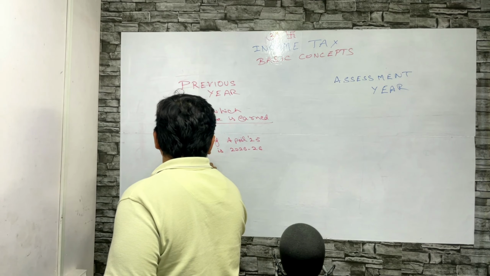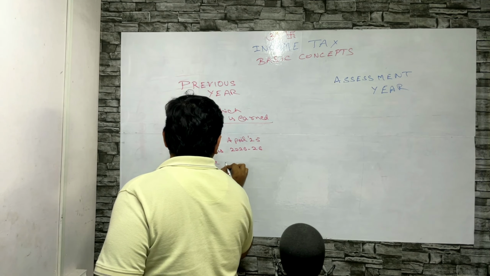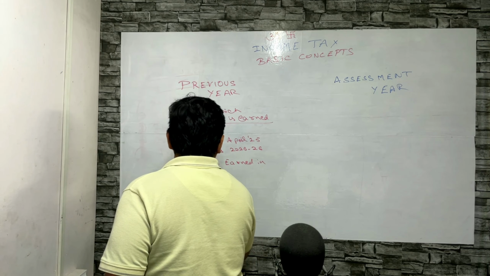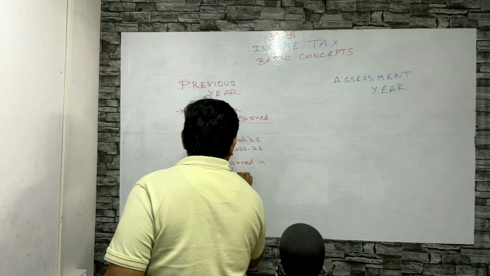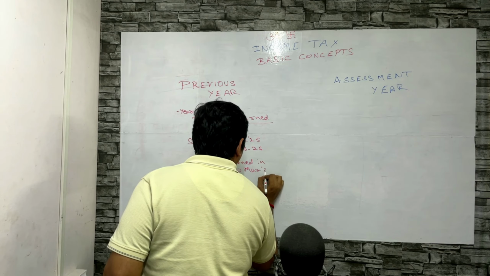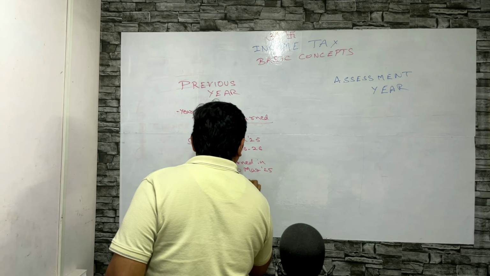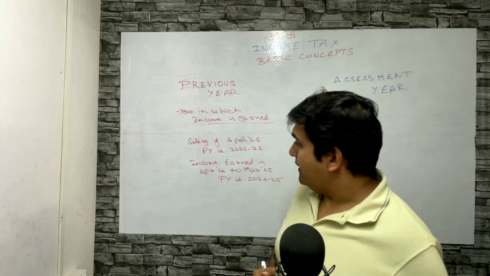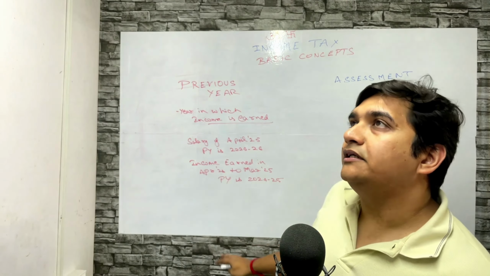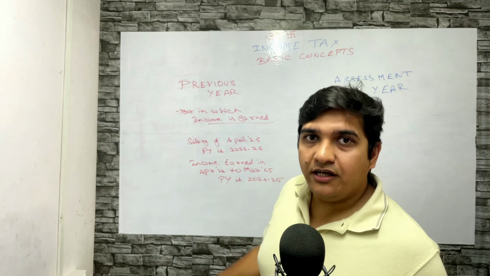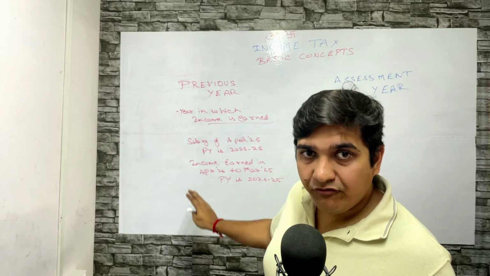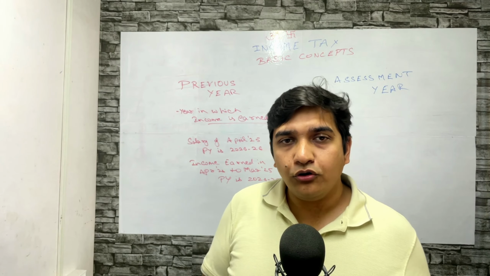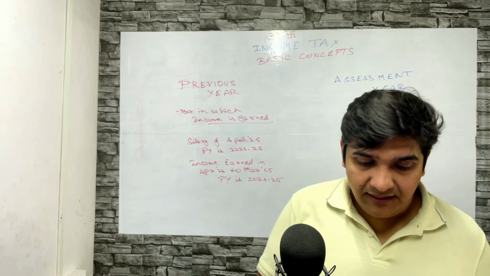So any income earned during the financial year from April 2024 to March 2025, the previous year would be 2024 to 2025, right?